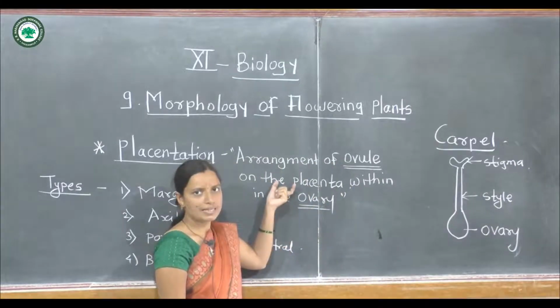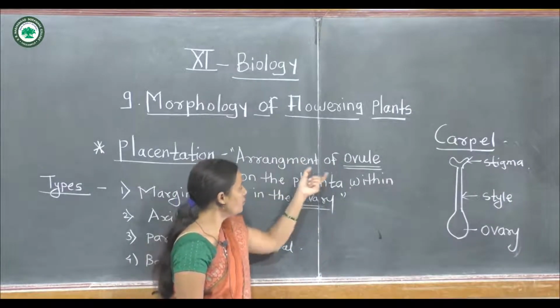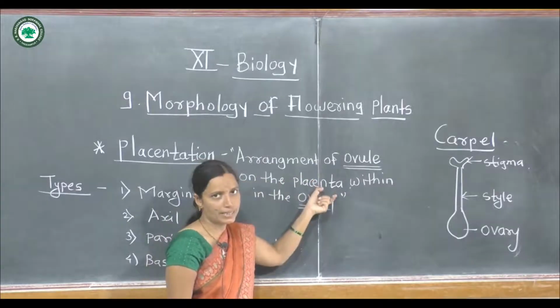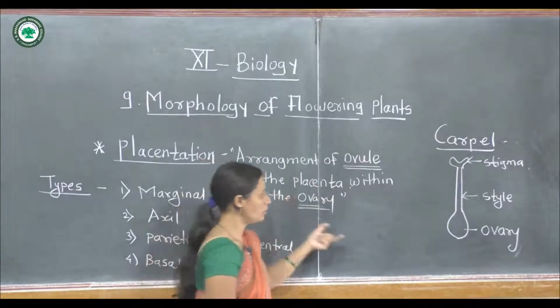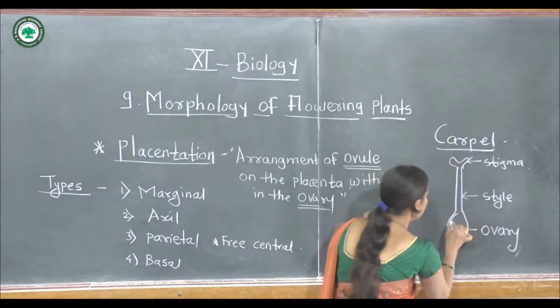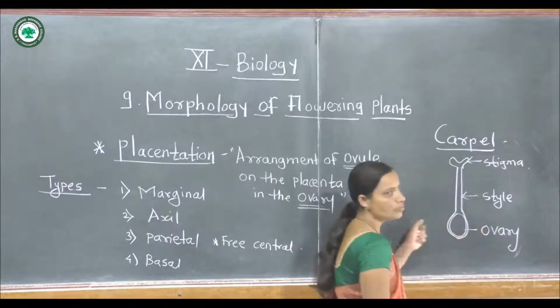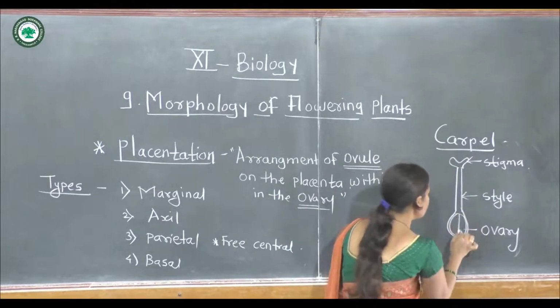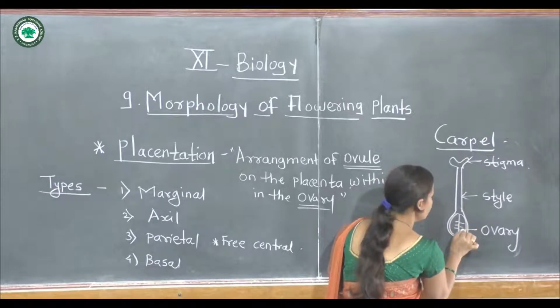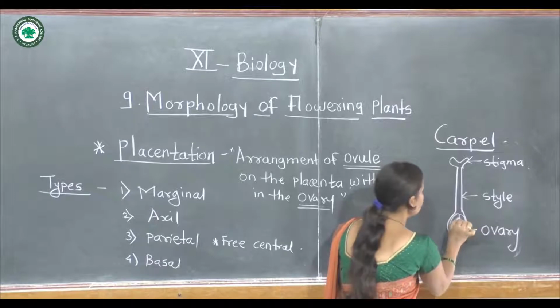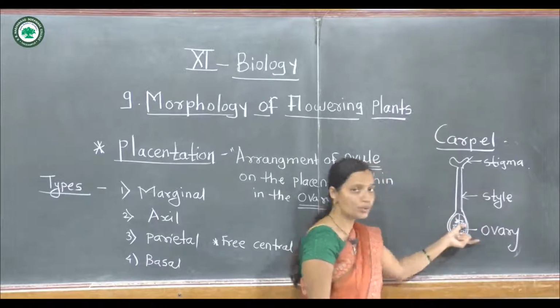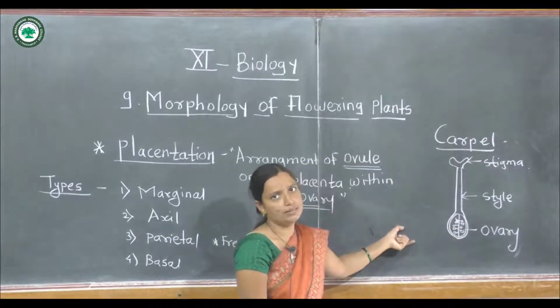Placentation means the arrangement of ovules on the placenta within the ovary. Inside the ovary some ovules are arranged, and this specific arrangement of ovules inside the ovary is called placentation.